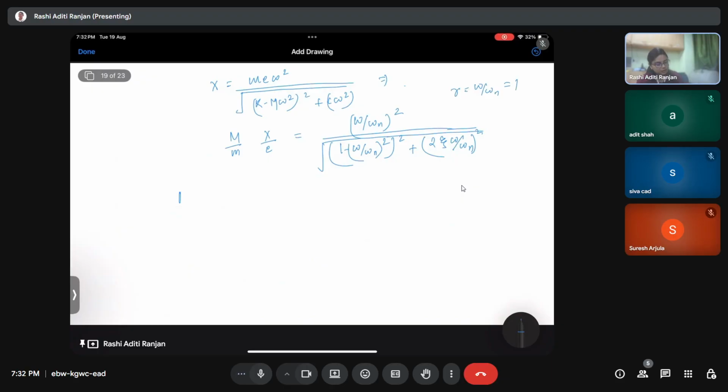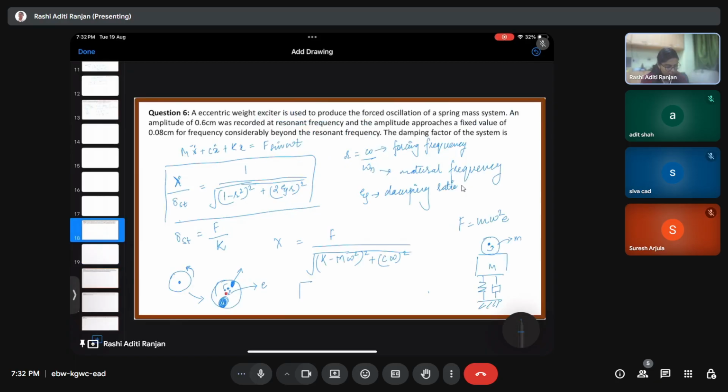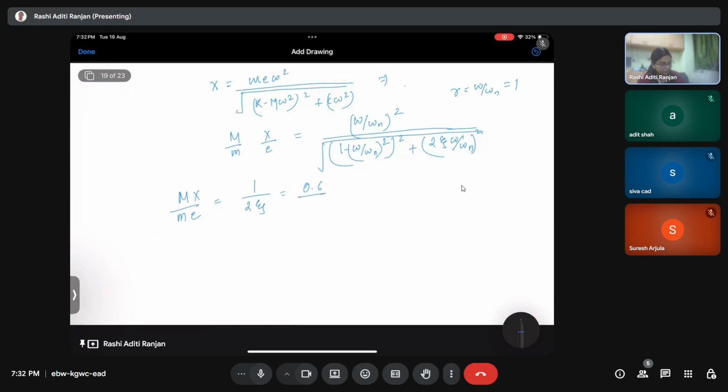So we get M x by m E is equal to 1 by 2 eta, which is equal to 0.6 centimeter, or we can write it as 0.6 by 100, or just let it be in meters. So this is the first equation.